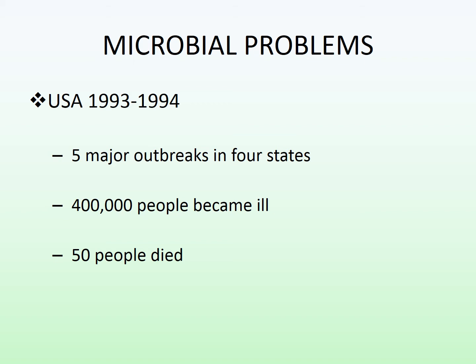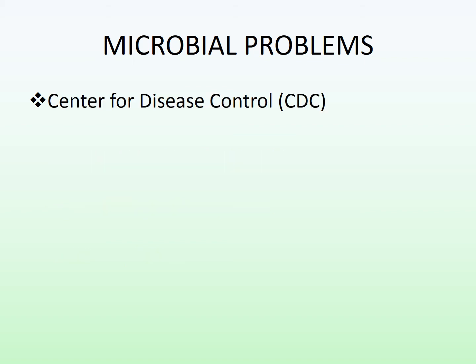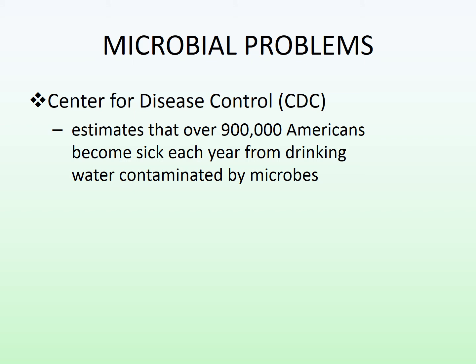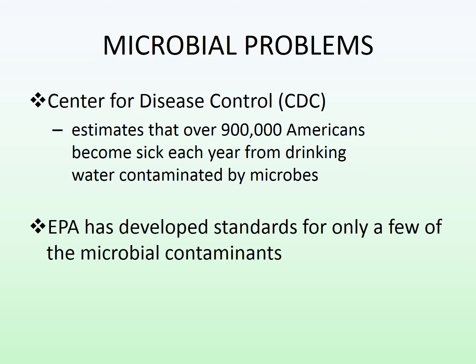We get this data from the Center for Disease Control, or the CDC. The CDC estimates that over 900,000 Americans become sick each year from drinking water that is contaminated by microbes. That's even with the fact that 85% of the public get water from public water systems. Consequently, the EPA has developed standards for microbial contaminants, but we only have standards for the major microbial contaminants today.